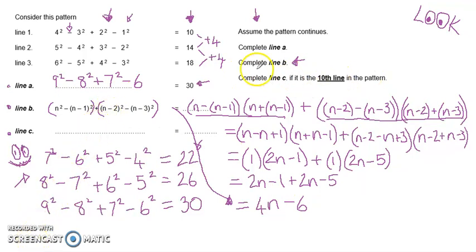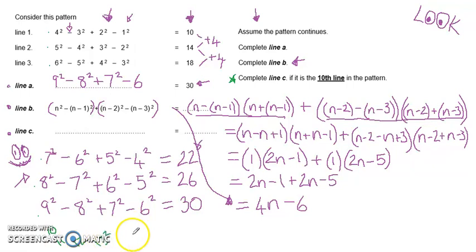Now with this last part of the question, I got a little bit creative. I really liked it. Complete line C if it is the 10th line in the pattern. So I was looking at this and I thought, okay, we could count. We could go 1, 2, 3, 4, 5, 6, and then we could make the 7, the 8, the 9, the 10.